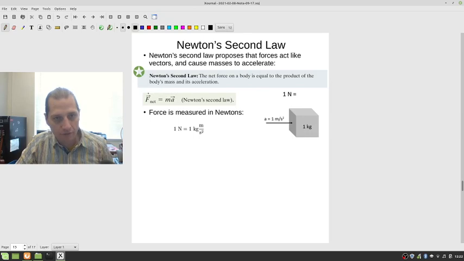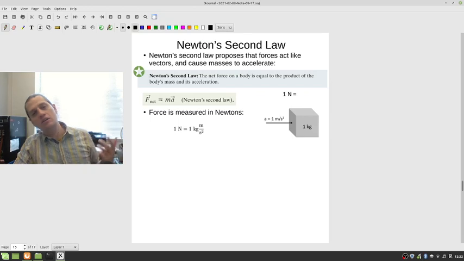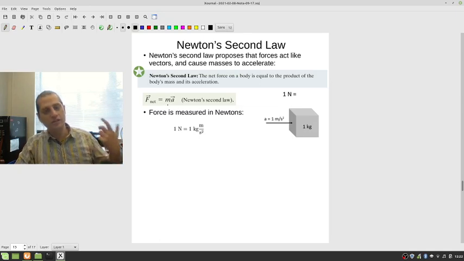So we have F, a force, is the acceleration multiplied by the mass. So what this means essentially is that if you have a really big mass, you put a force on it, it's hard to get it to accelerate. If you have a little mass, it's easy to get it to accelerate. A big mass is hard to get to accelerate.